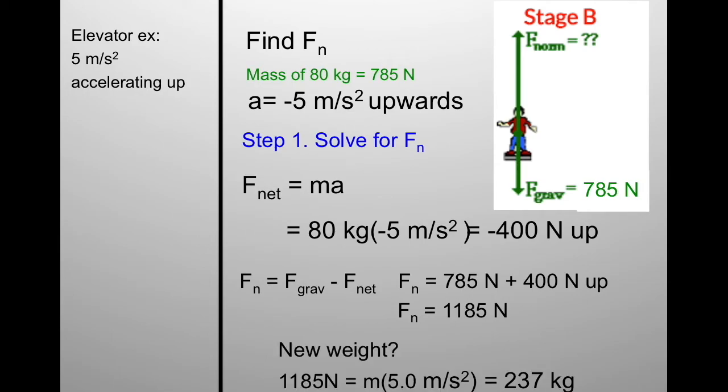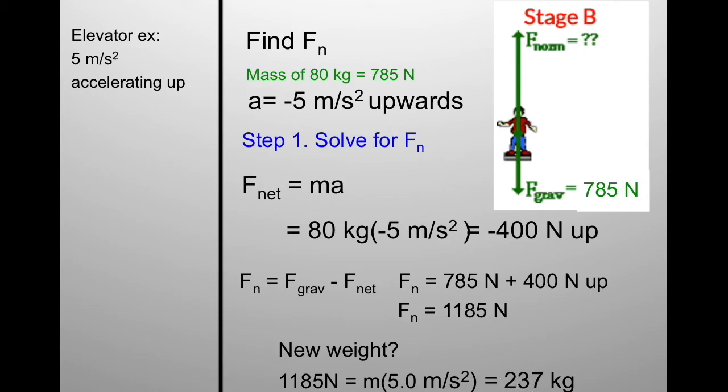The new weight would then be F equals ma, and your total would be 237 kilograms. You might be wondering why I didn't use a negative here, when I did use a negative throughout all of the other calculations. The reason is that we can't have a negative weight. Otis has to weigh something.